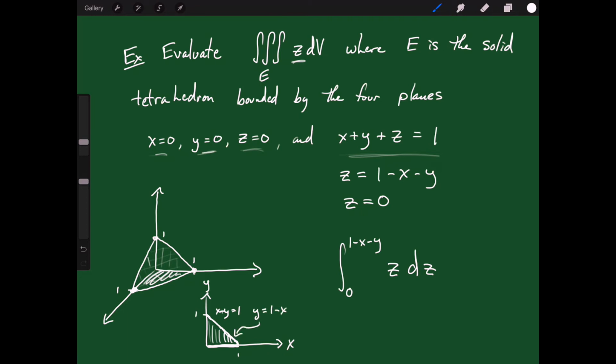That's that top function. The bottom function here is just y equals 0. So I'm integrating from a bottom function, which is y equals 0, to a top function, which is y equals 1 minus x. That's in the y direction.